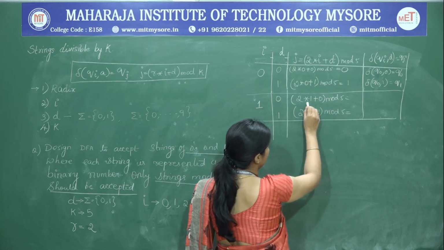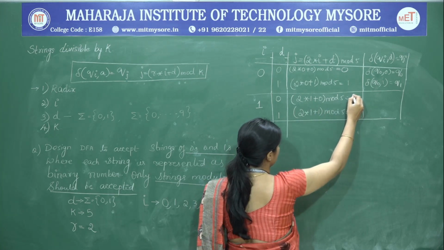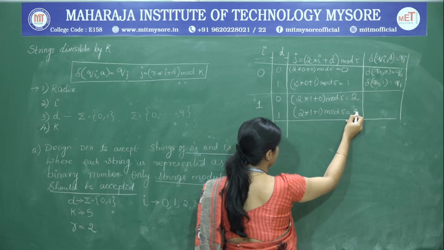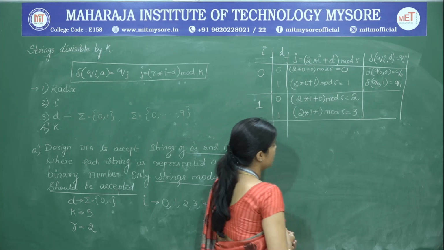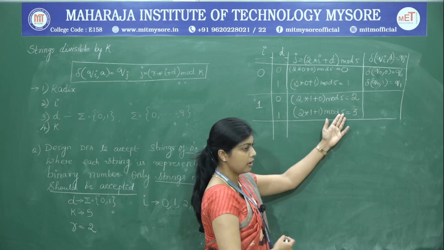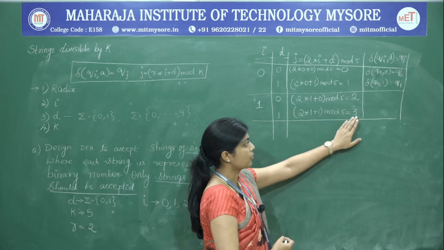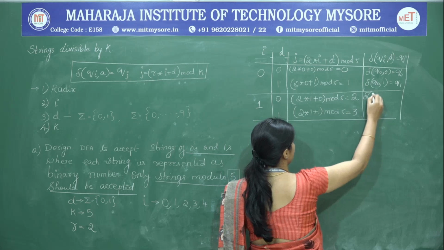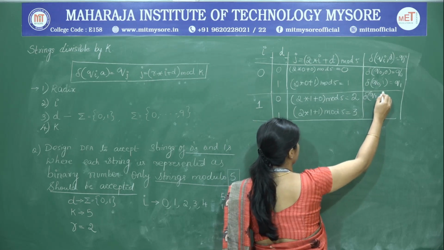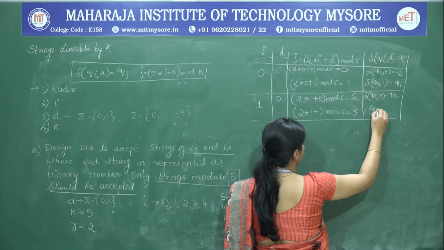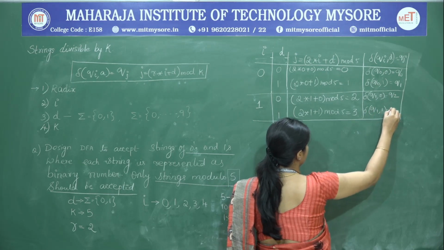So this results in 2 mod 5, so the answer is 2, and this is 3 mod 5, the answer is 3. So we have to remember here that whenever we have a smaller number modulus a larger number, the smaller number is going to be the result always. So we will write the transitions here. So delta of Q1 comma 0 is equal to Q2, and delta of Q1 comma 1 is Q3.